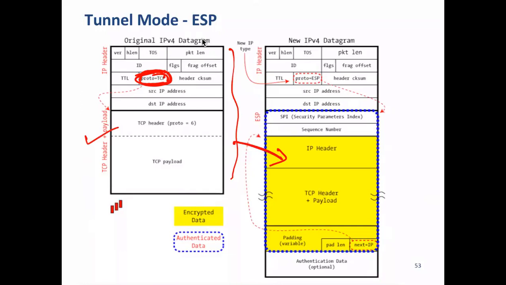Now this inner IP header will contain this data, which shows that what is encapsulated is TCP. But note that this is an added header. This additional header is added because we are encapsulating one packet in another. Here, the protocol field shows ESP.